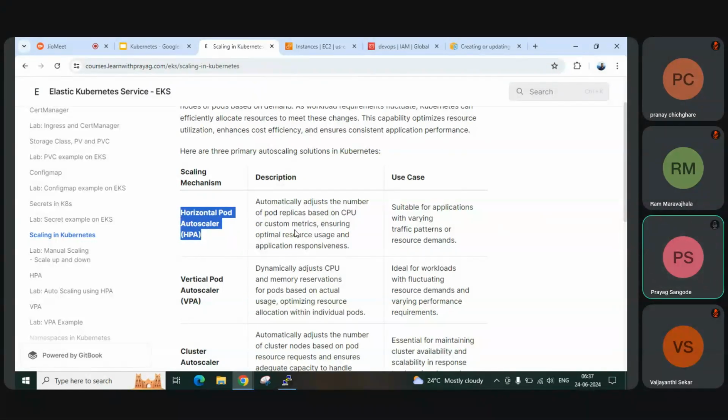Suppose we have defined a threshold of 60%, so whenever the CPU load reaches 60%, a pod should automatically be added. This is called a scale up. And whenever the CPU load goes below 60%, it should scale down to the minimum number of pods defined in the configuration. This is called horizontal pod autoscaler.